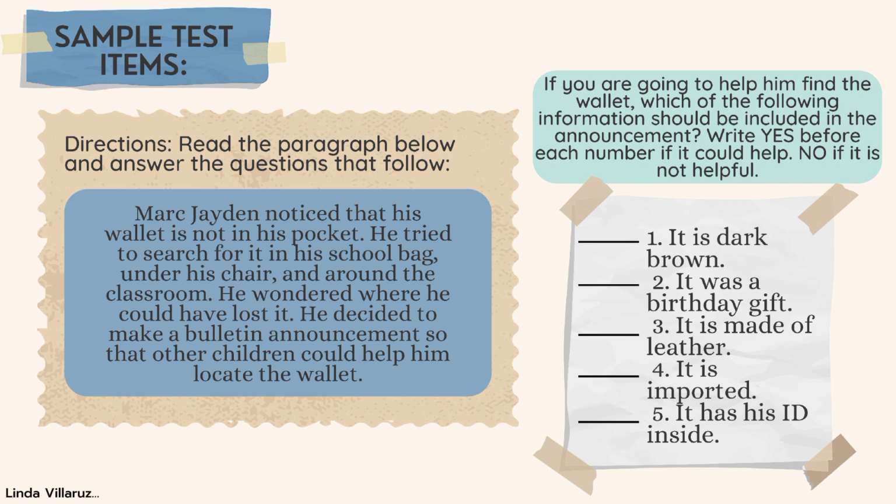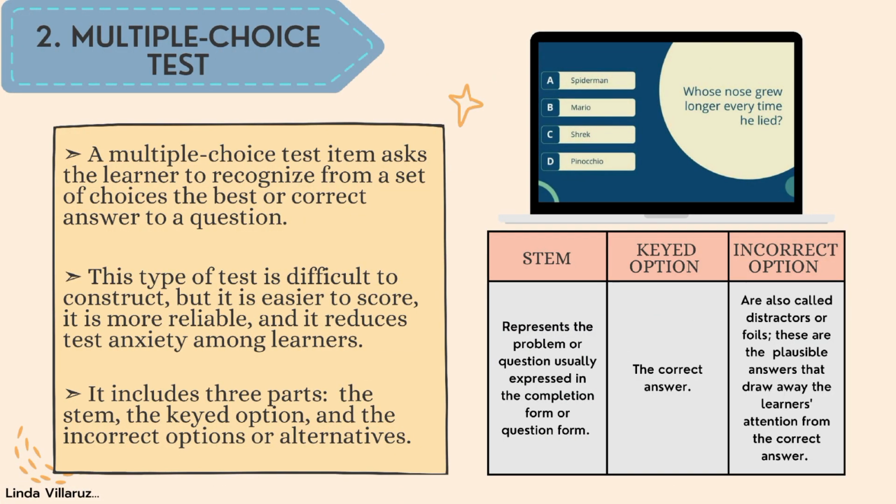Number 2, it was a birthday gift. Number 3, it is made of leather. Number 4, it is imported. Number 5, it has his ID inside. And now we are done with the true or false or yes or no. So let's proceed to the multiple choice test.